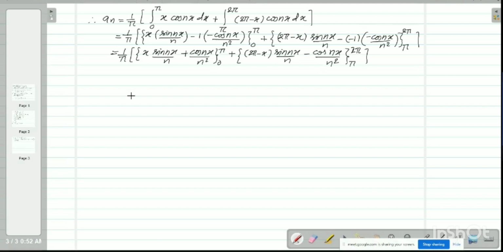Just close the big bracket. So this equals 1 upon pi.